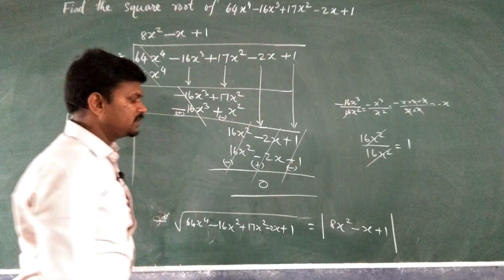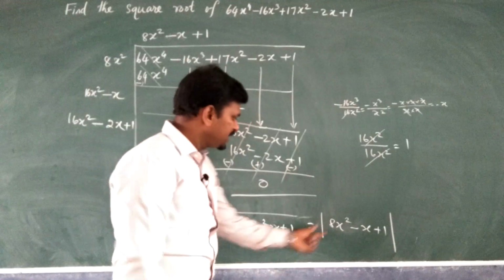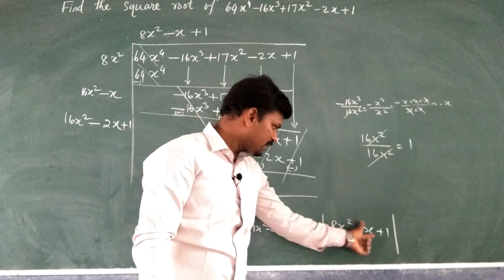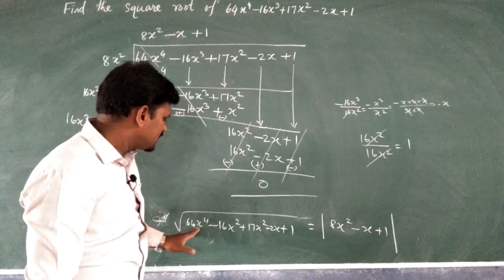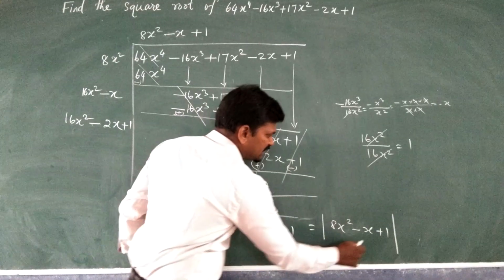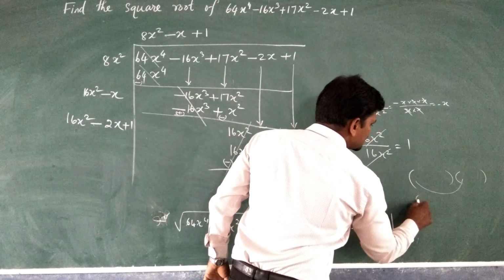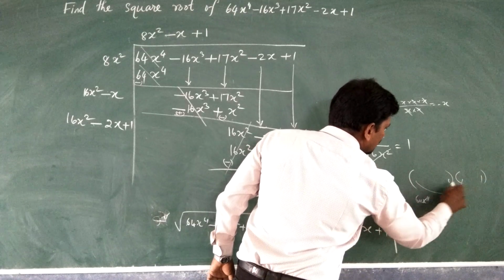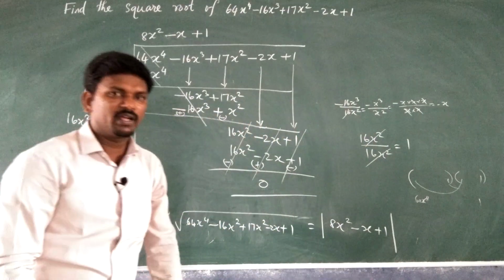What answer have we found? If we multiply 8x square minus x plus 1 by 8x square minus x plus 1, writing it twice and multiplying, we will get 64x power 4 from the first terms, and since the last term is 1, 1 into 1 is 1. So this is the square root of the polynomial.